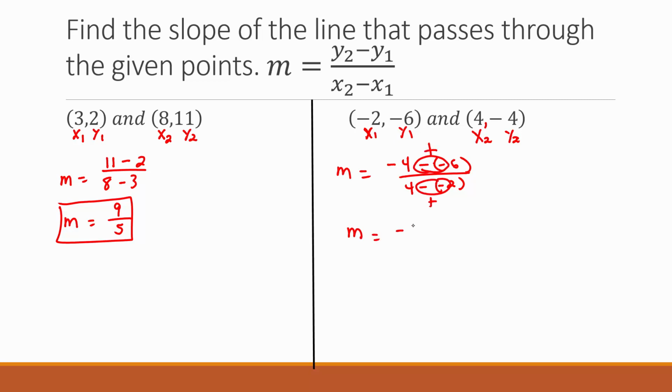So I have negative 4 plus 6 over 4 plus 2. Negative 4 plus 6 is simply 2. 4 plus 2 is 6. Remember to simplify your fractions. 2 will go into both of those numbers, so I end up with 1/3.